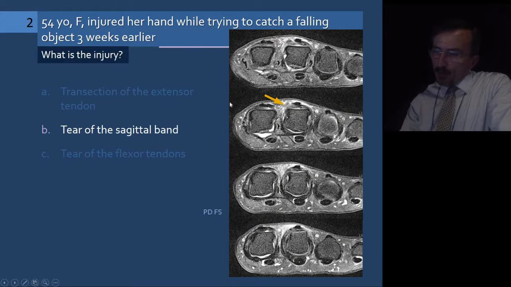So this is a tear of the sagittal band. The sagittal band is a structure that we will look at more detail now. And you can see that there is this partial tear of the sagittal band here and here also. There is not a complete transaction of the extensor tendon here, but rather the tear of the sagittal band on this radial side right here. The flexor tendons are okay.